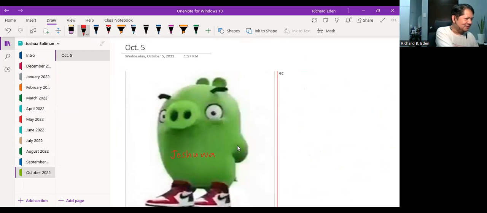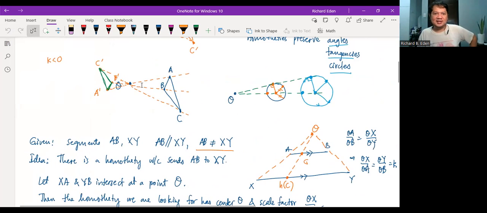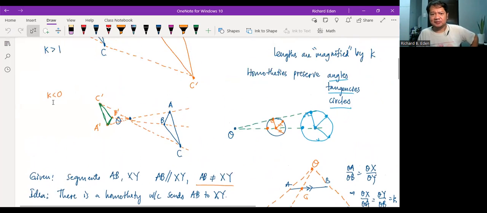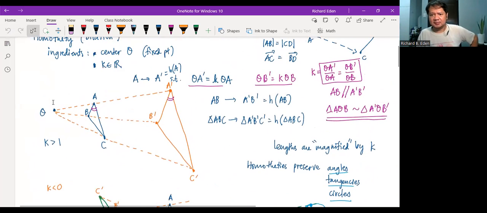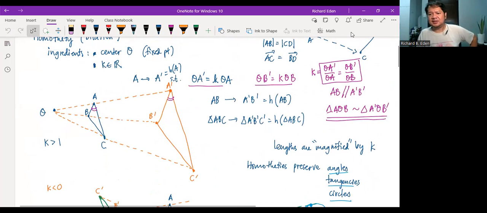Okay. So a homothety is a transformation where you have a center, the center of homothety, and then a scaling factor, which could even be a negative number. And then we already explained the mechanism last time. And the nice thing about homotheties is that they preserve angles, tangencies, and circles.